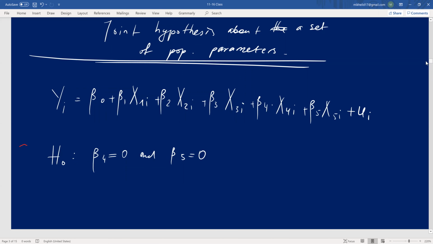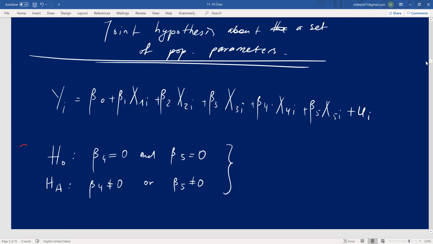The alternative is that beta 4 is not 0 or beta 5, you can say, or beta 5 is not 0.